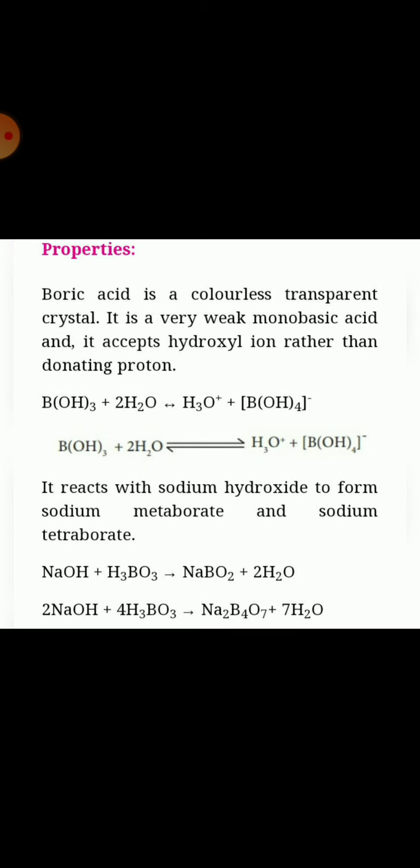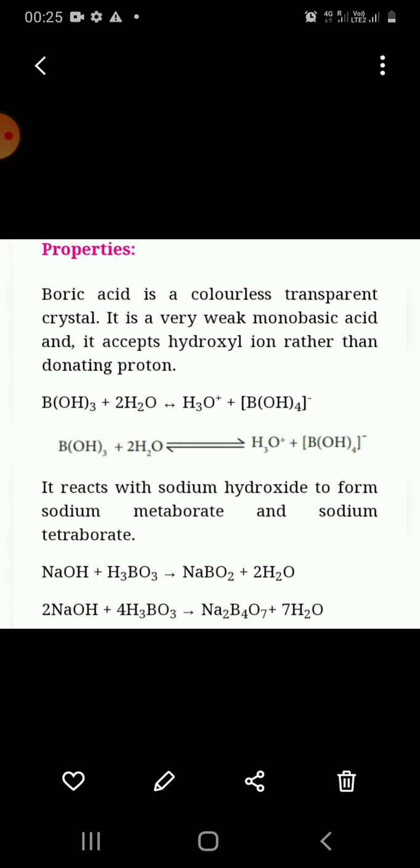The reaction is the formation of monobasic acid, H3O plus, and tetrahydroxy borate. It accepts hydroxyl ion OH. So this is a reversible reaction, or equilibrium.